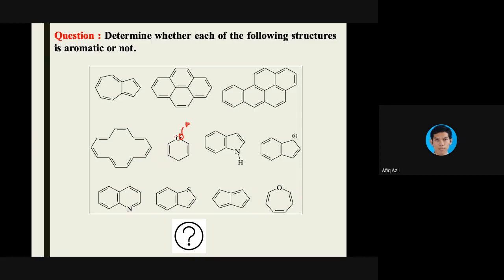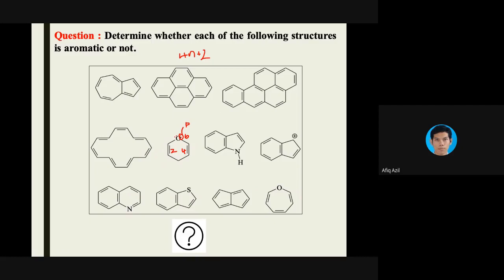Hence, the number of pi electrons is over here you have 2 and then another 2, 4. So this is another 2, 6. Now you check with the 4n plus 2 rule, whether it fulfills this equation or not.